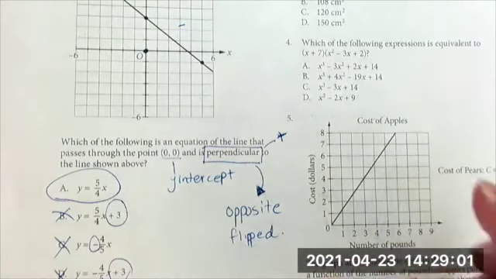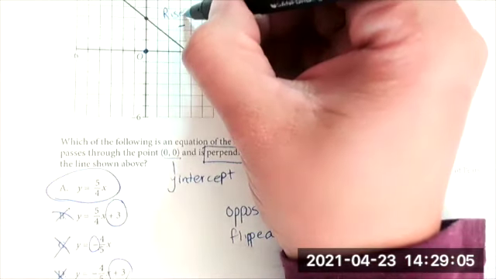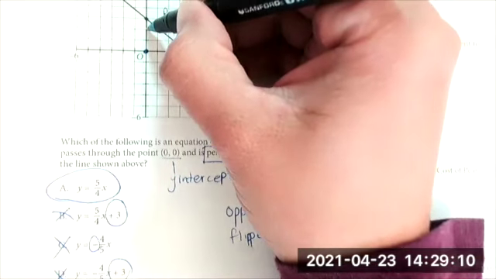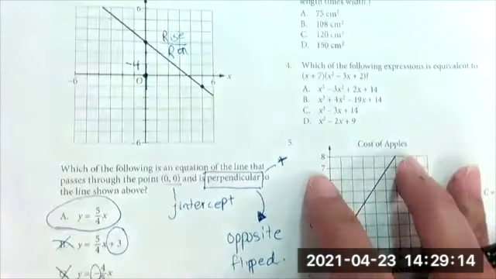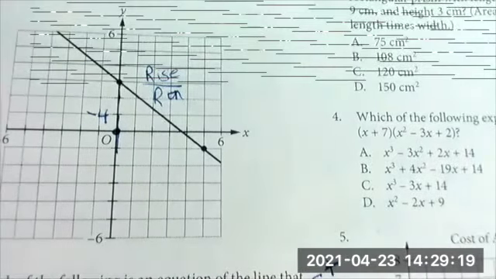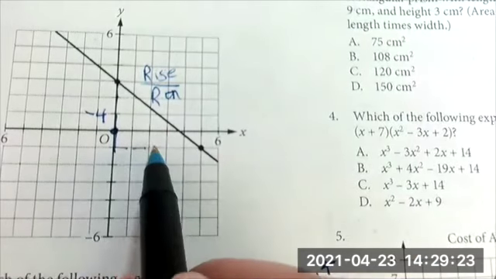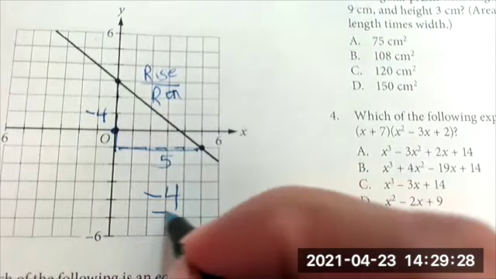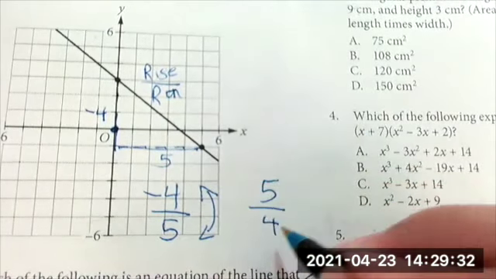Really quick for the flipped, we are going to do rise over run here. This is negative 1, 2, 3, 4, negative 4. Zoom in here. Negative 4, 1, 2, 3, 4, 5. Negative 4, 5. What does that mean? If we flip it, it's 5 over 4.